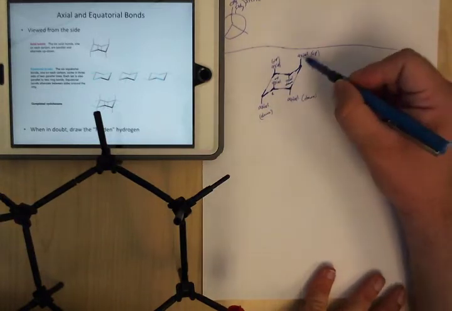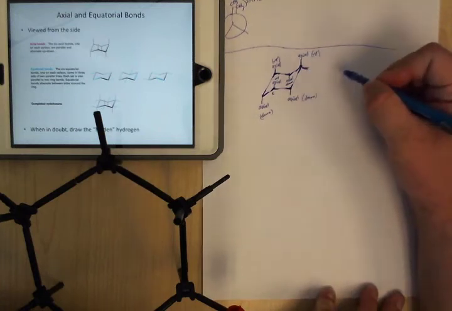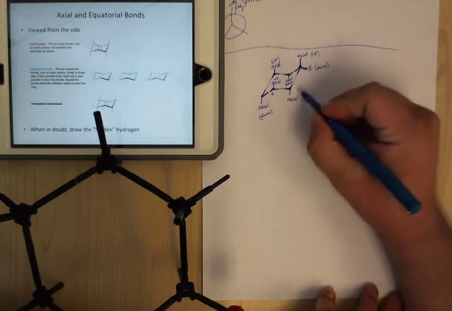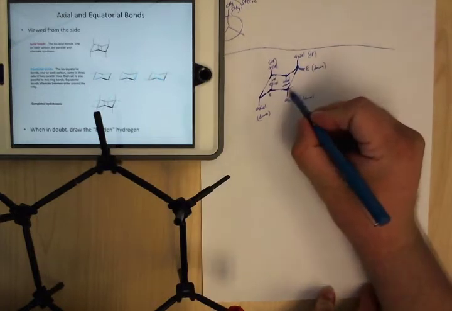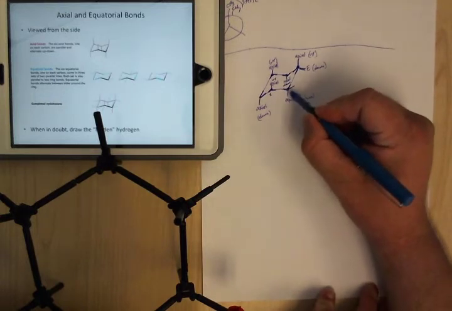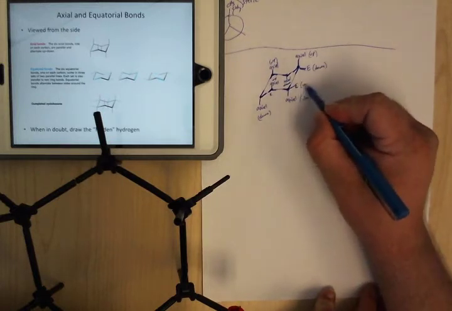That means on each one of these we have to have an up and a down. So if the axial's up, the equatorial, which is going off to the side, is going down. This one, we said the axial is going down because the carbon-carbon bonds point down. So the equatorial, which is off to the side, is considered up in this case.